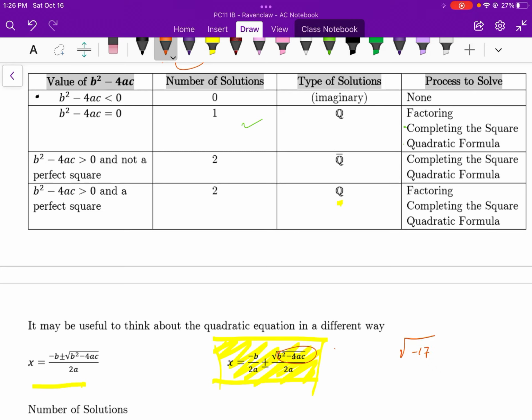You can't have a square root of a negative number. That's why there are no solutions. Now, if your discriminant is equal to 0, this whole section will actually be 0, and you have one solution at negative b over 2a.